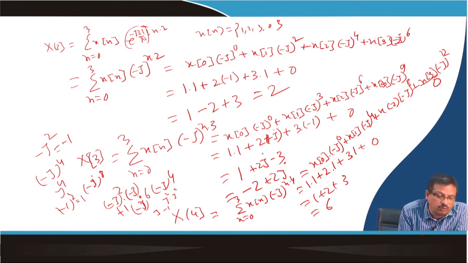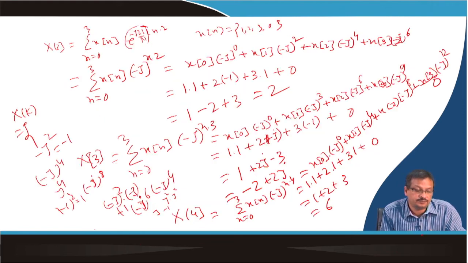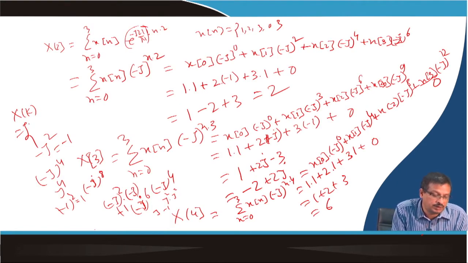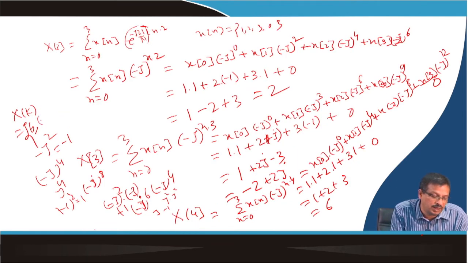So I get a sequence x of k. The first value I have calculated, x of 0, is equal to 6. X of 1 is minus 2 minus 2j.